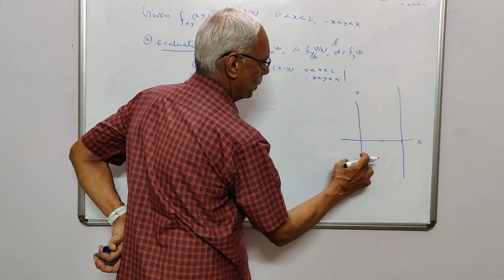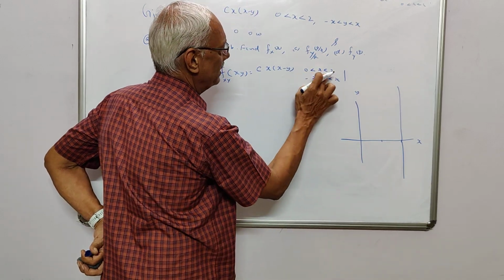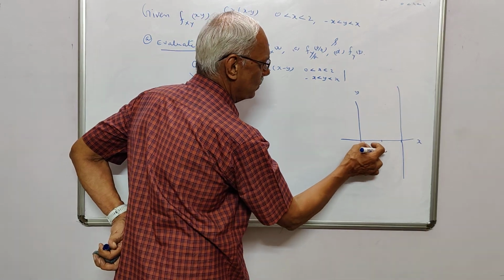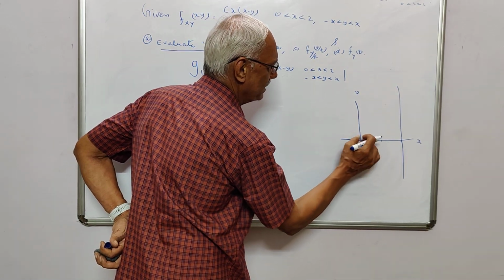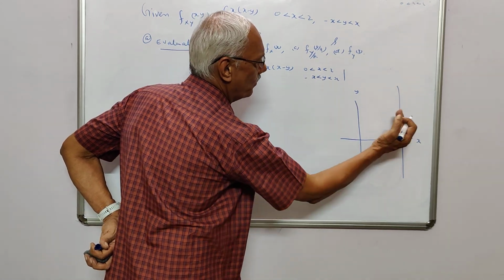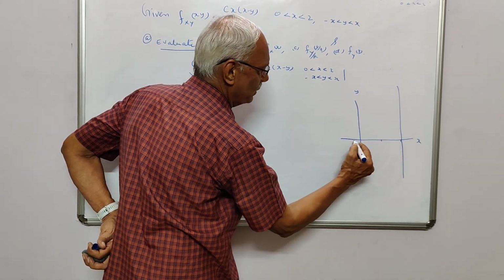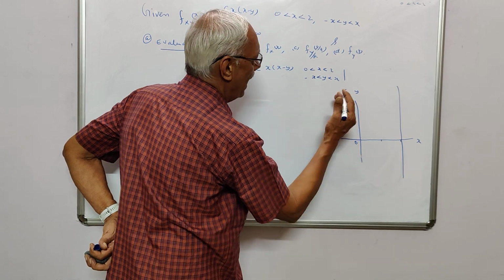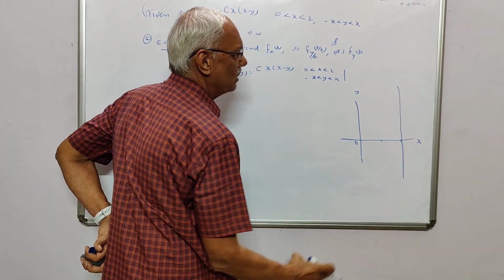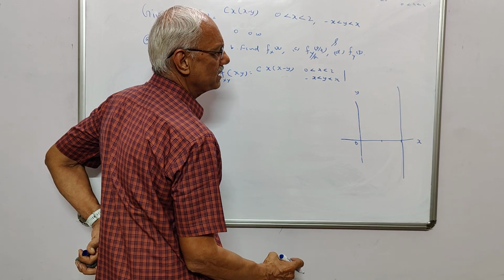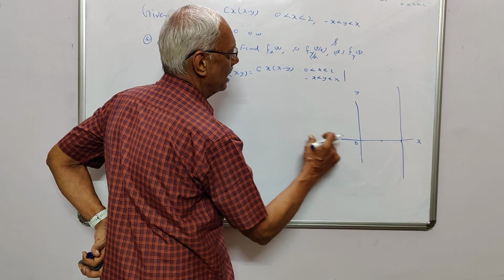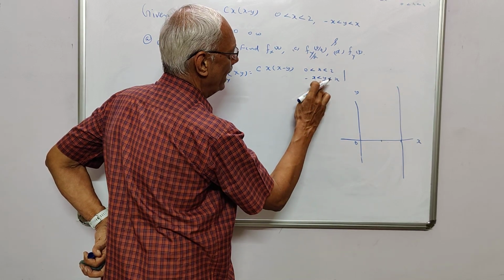Now x greater than 0 means all the points lying to the right of the origin, and below 2. So this is the area in which x is lying, and the values of x lie only in this region.